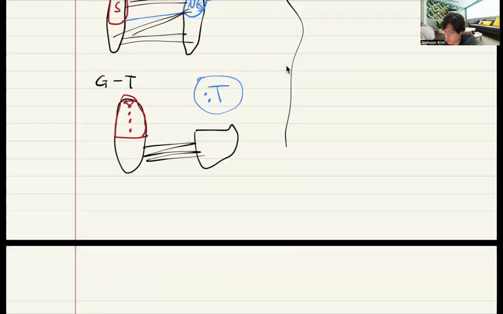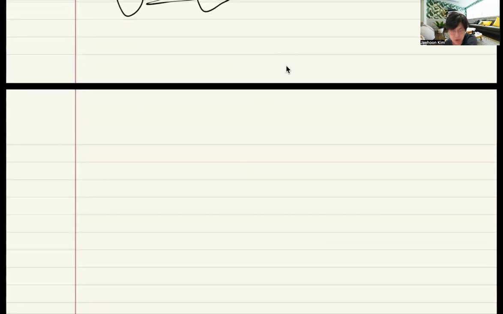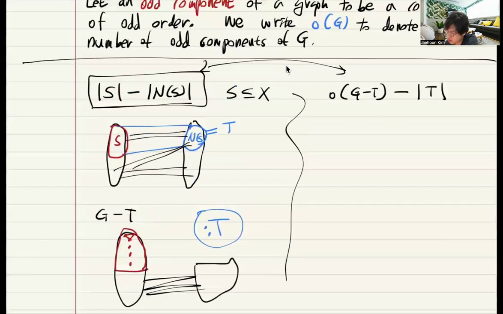If, instead of trying to measure the matching number, we just care about the perfect matching, what's the necessary condition that we get from here?